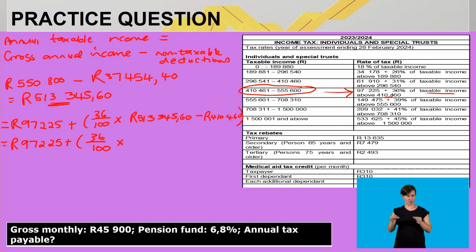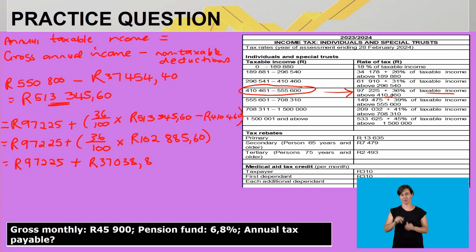When I subtract, I'll get 102,885 rand and 60 cents. On this, I need to calculate 36%, so I'll multiply by 36 divided by 100. Therefore, it will be 97,225 rand plus, if I simplify this, 37,038 rand and 82 cents.